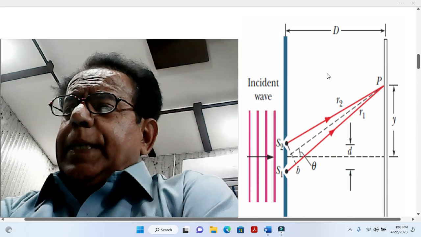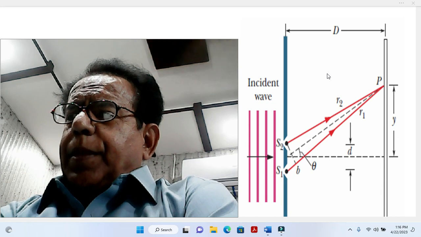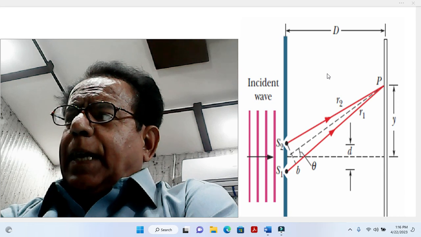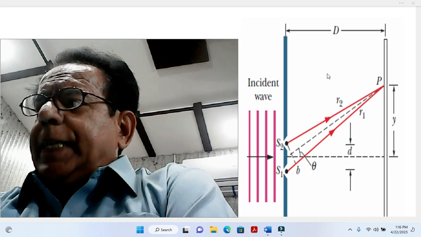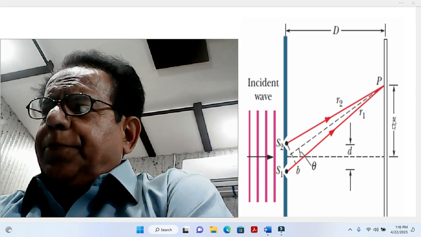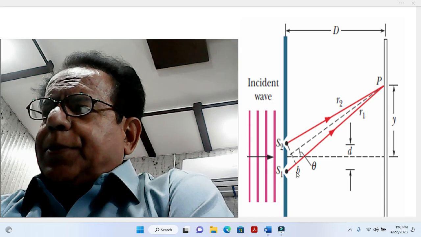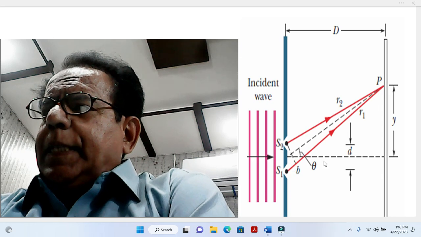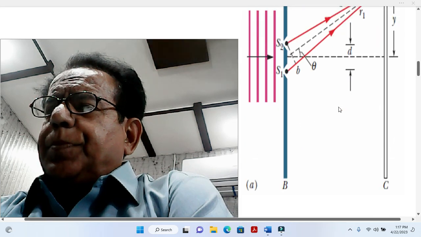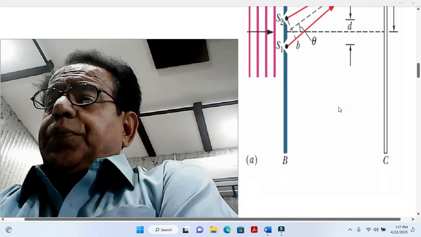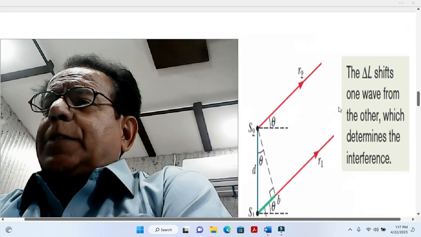Incident wave, S1, S2, theta, D, R1, R2, P, capital D, Y. This is part A of this figure, in which Young's double slit experiment has been shown.